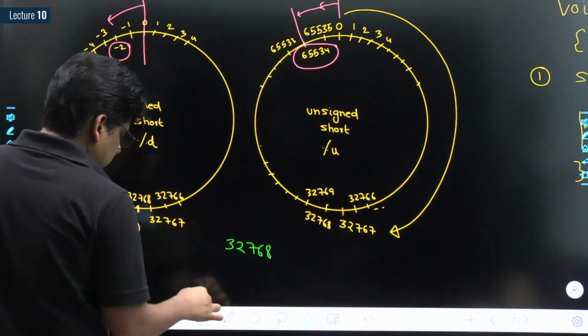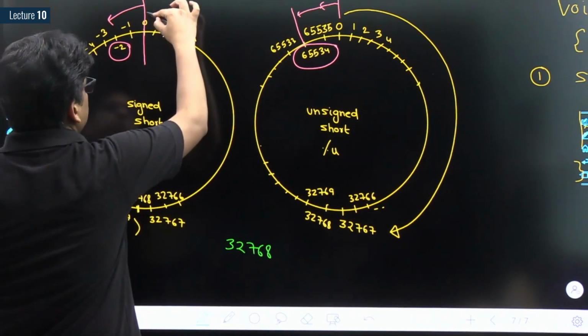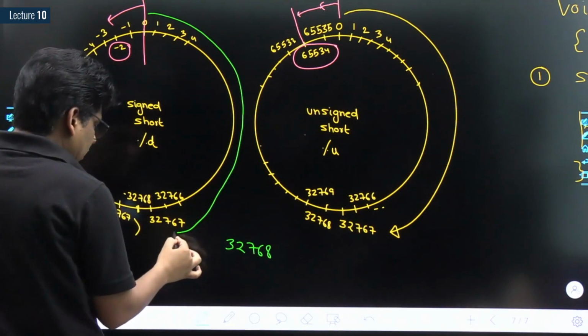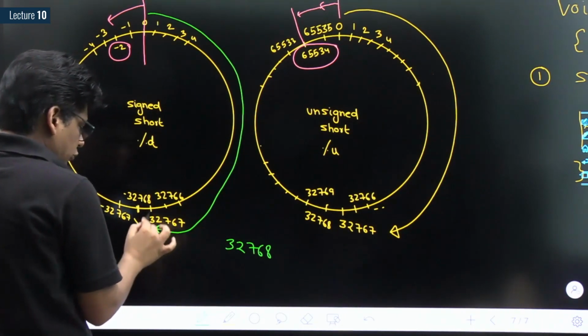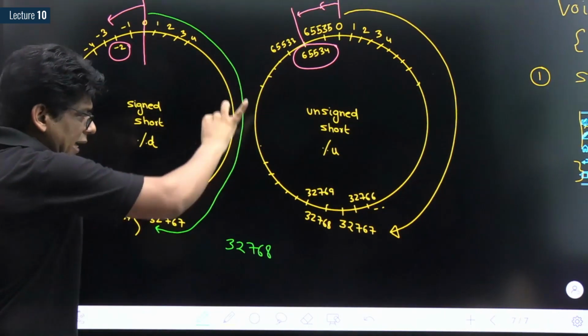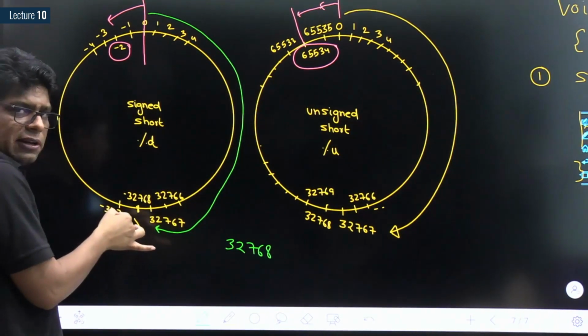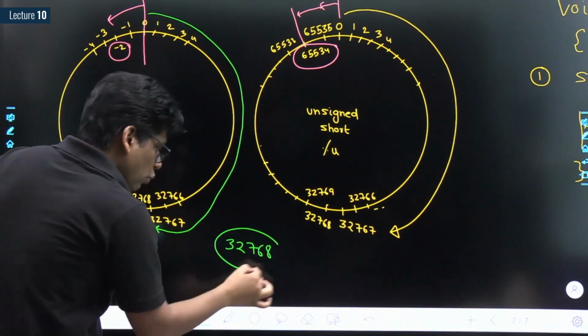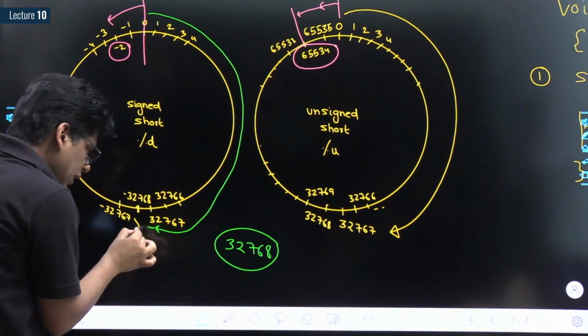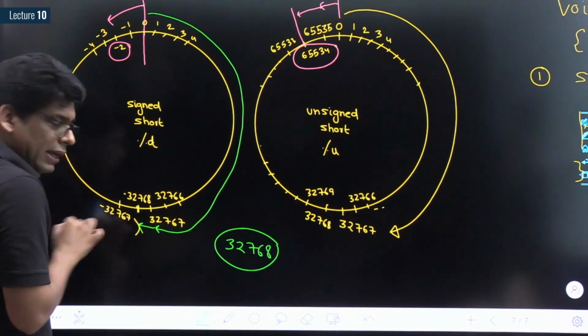Okay, the compiler will work like this. Because it is a positive value, it will move in this direction. Sir, it came here. What is this value? 32767. For a positive value, it will keep moving in this direction. What is the next value? One more than 32767. So the compiler will move one more position in the same direction.